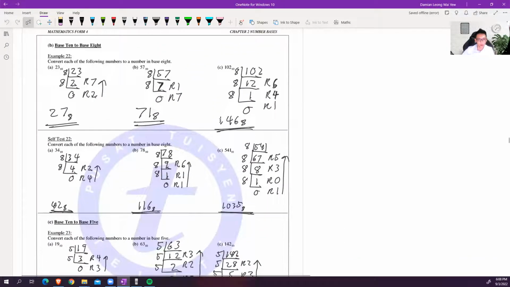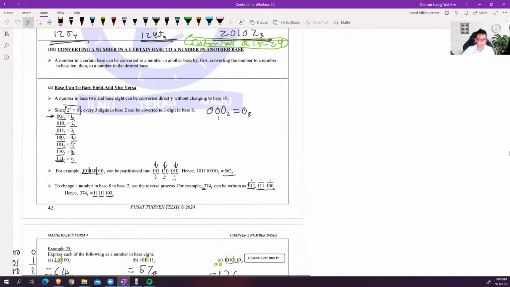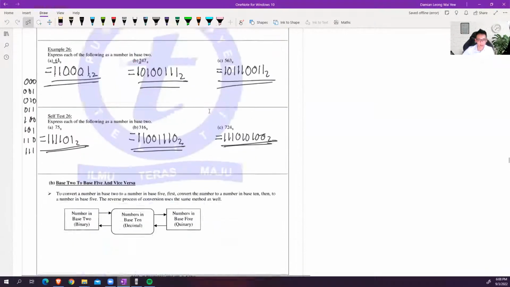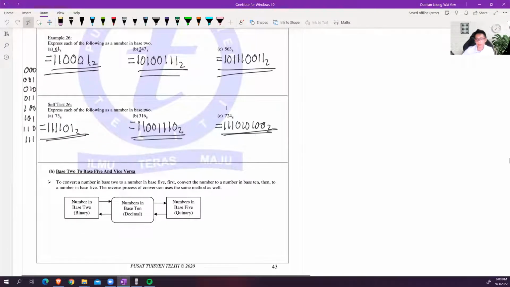Then we also need to add and subtract in different bases. Sometimes we may need to convert first before we add and subtract. So make sure you know what base you want to end up in. If, let's say, in base 10, then convert everything to base 10 first. If in base 8, convert everything to base 8 first.